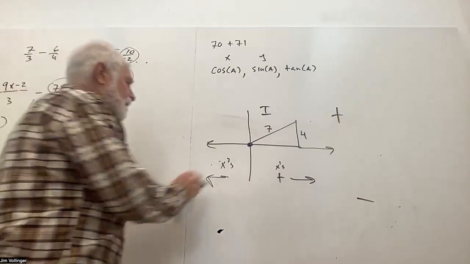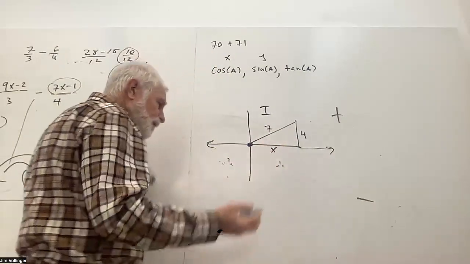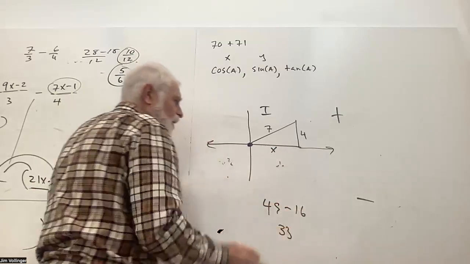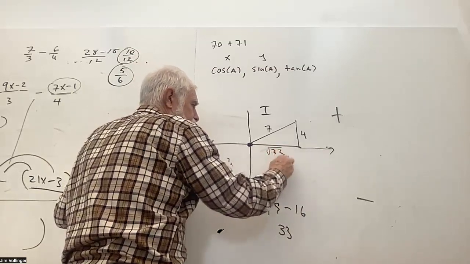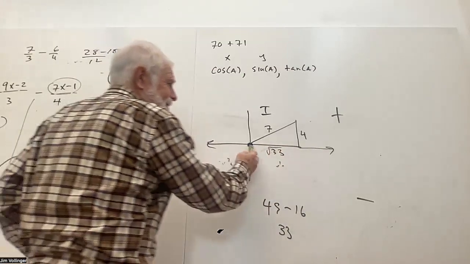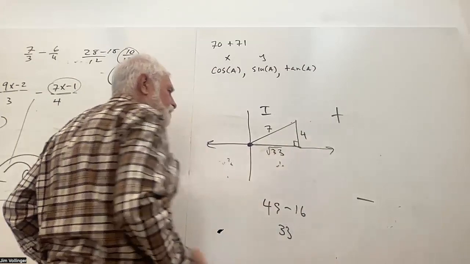All right, so we got to get this x value. We can do it pretty quickly. 49 minus 16, 33, square root of 33. All right, so what's the cosine? Cosine is adjacent. This is your adjacent side over the hypotenuse. This is a right triangle.